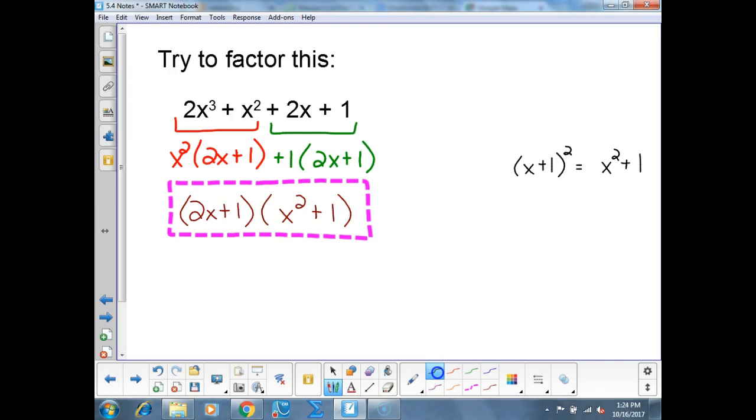But what I'm saying is this is x plus 1 times x plus 1, which is x squared plus 2x plus 1, which is not that. So no on that one, yes on the first one, no on the second one, because it is a perfect square and a perfect square, but it's not a difference. It's got to be a subtraction sign.